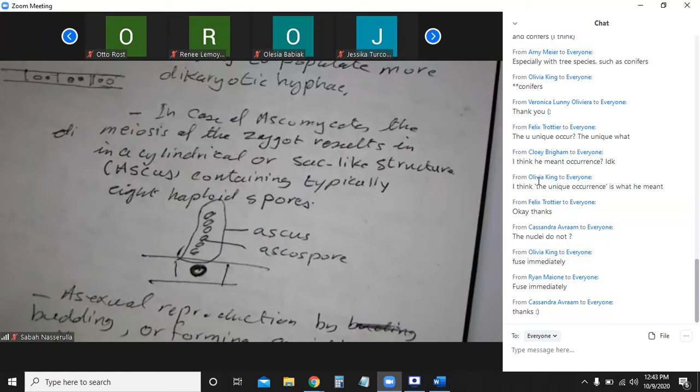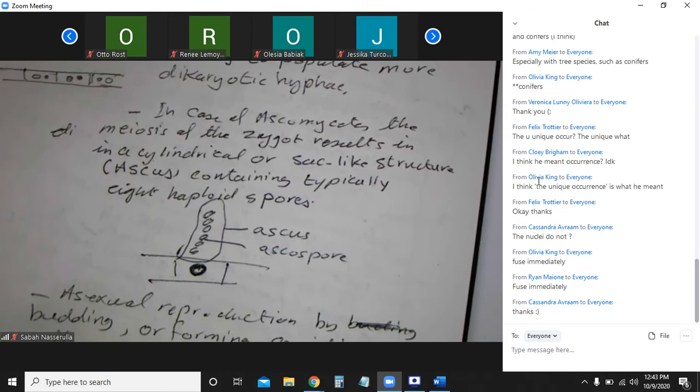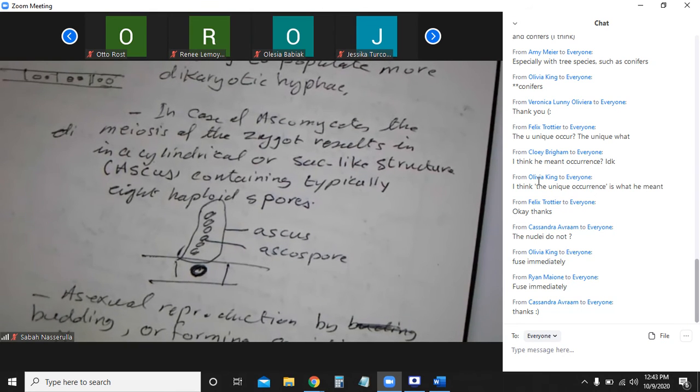The other thing is that most ascomycetes are predominantly saprobes.